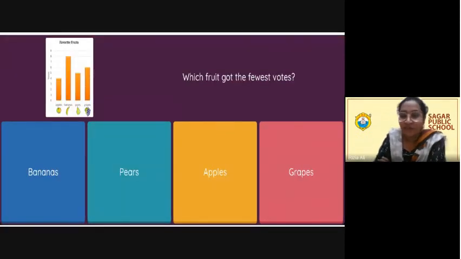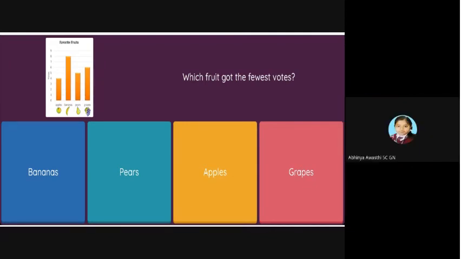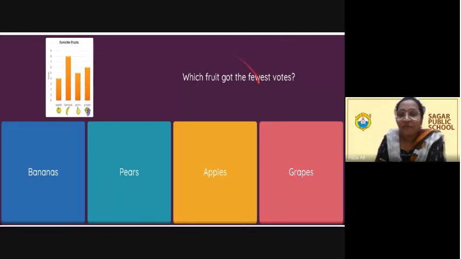Okay. Now we have the next question, and let me ask Abhinya. Abhinya, question for you. Which fruit got the fewest votes? Now this is the bar graph which is showing favorite fruits.